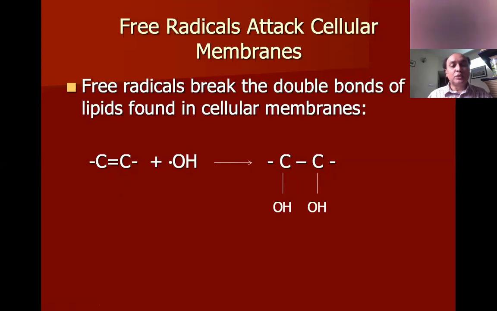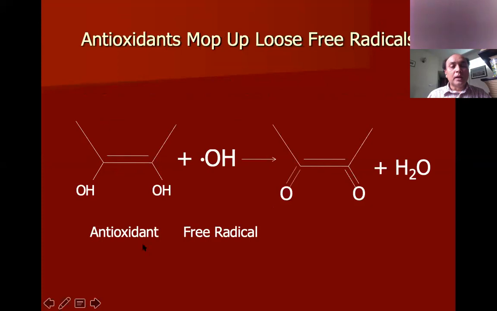And the membrane is the gatekeeper of the cell. So if the integrity of the membrane is somehow damaged, then cell function will also be disrupted. So free radicals attack the cellular membranes in this way.